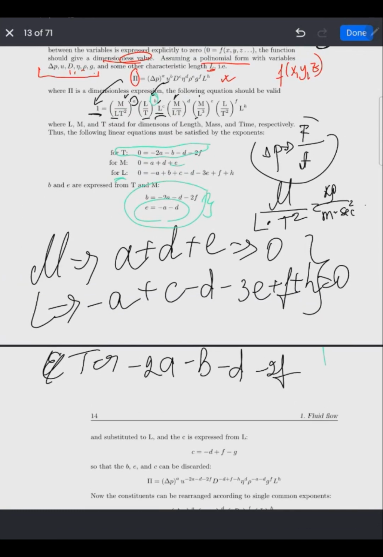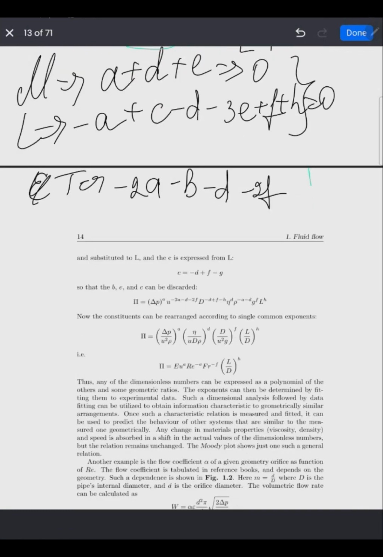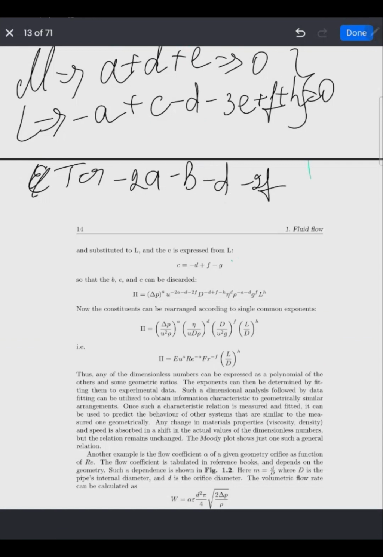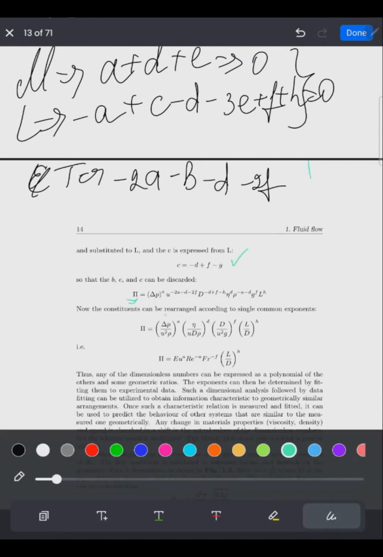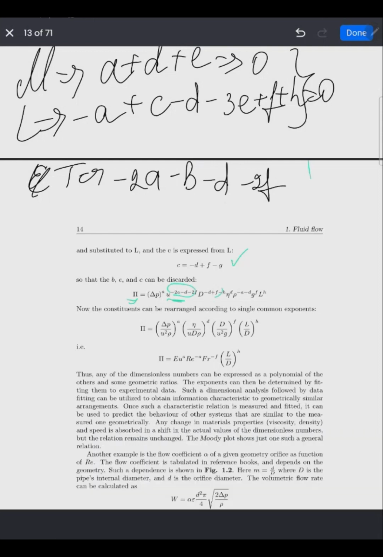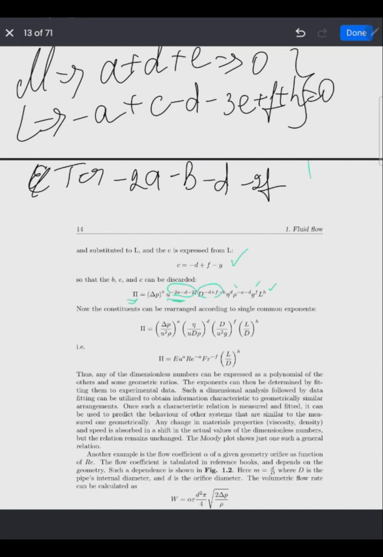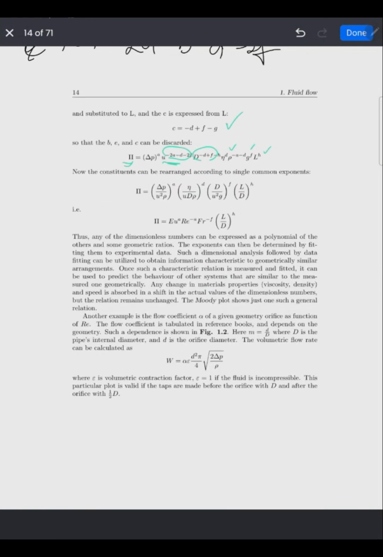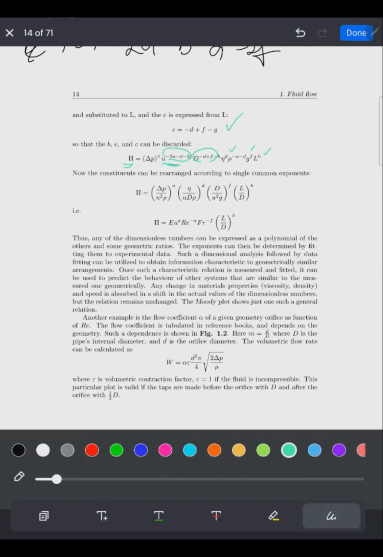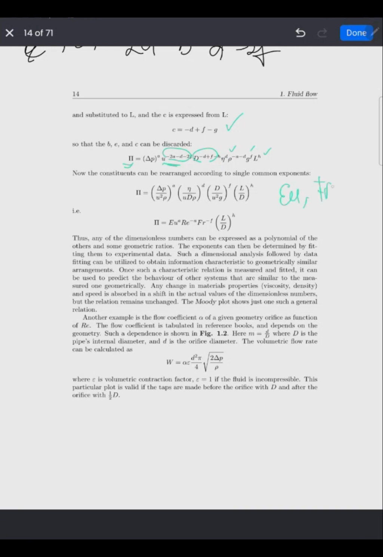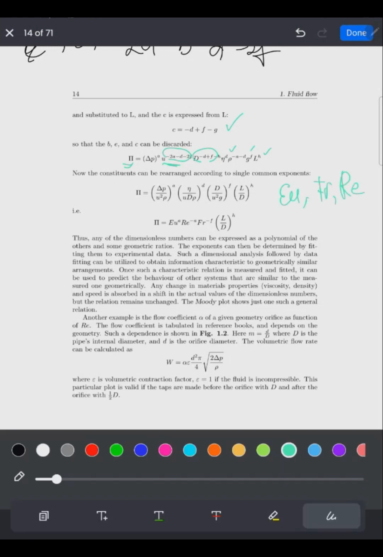I will write the same things for the remaining ones. So, for example, let's write for the length. The length here is in the denominator, therefore I will write minus A, then plus C, then minus D, minus 3E, plus F and plus H. It should also be equal to 0.